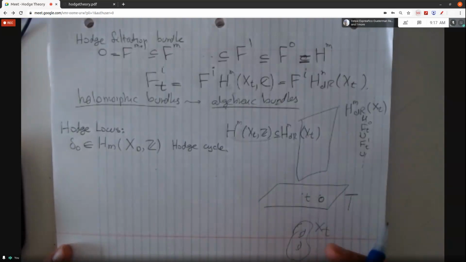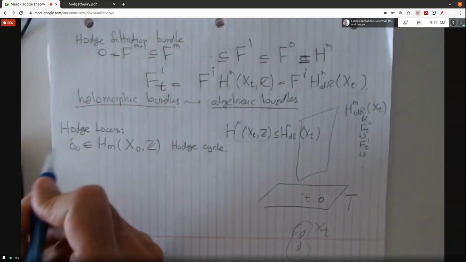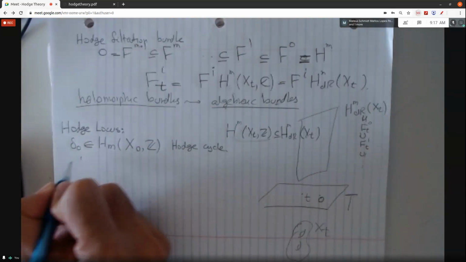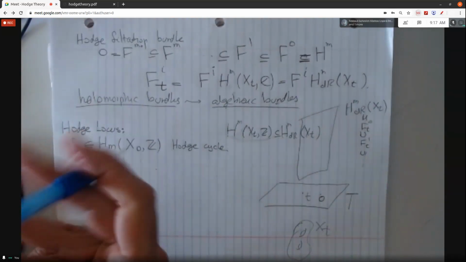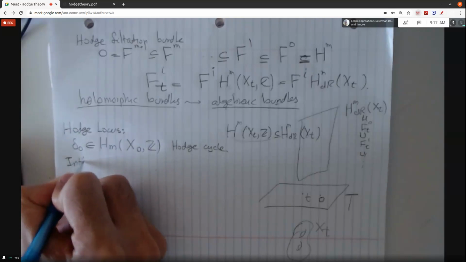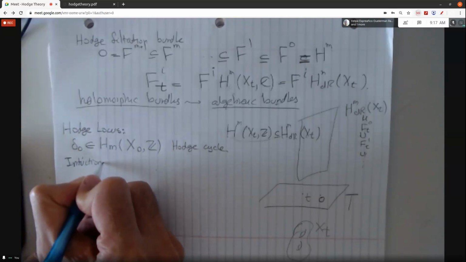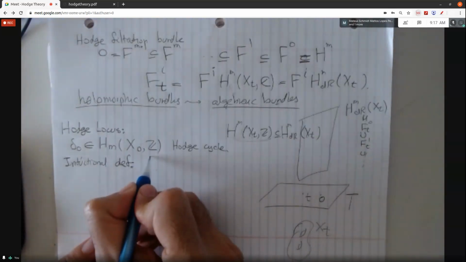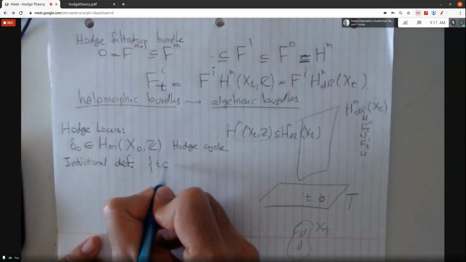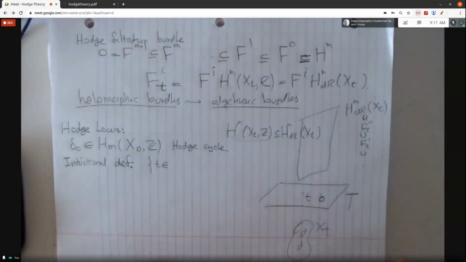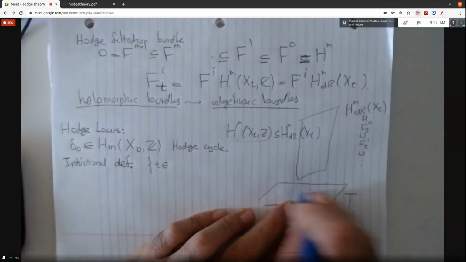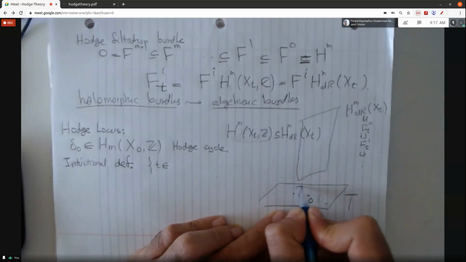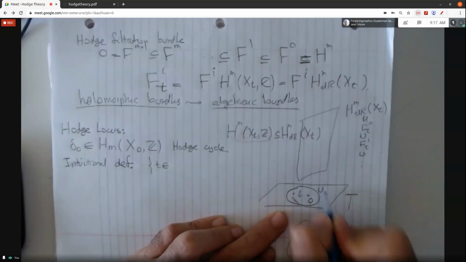And intuitionally, what is Hodge locus? In a moment, I will define. So this is the intuitional definition. This is just the set of t in T, let's put 0 here.